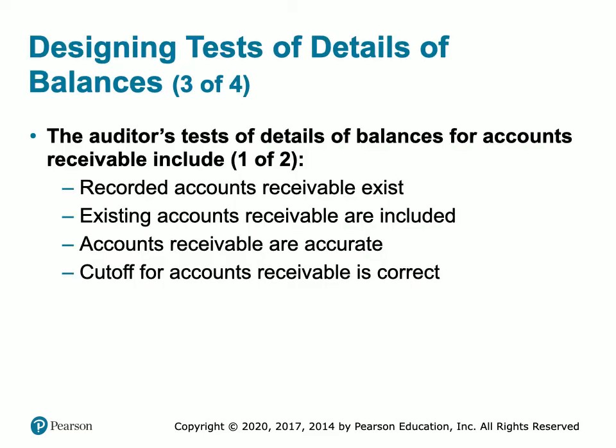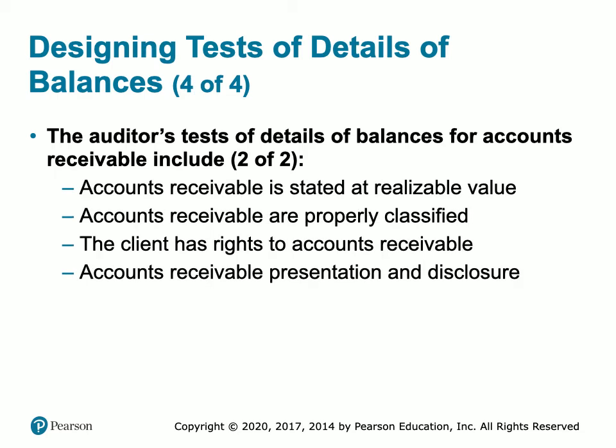So the tests are really to make sure that recorded accounts receivable exists, less so that existing accounts receivable are included. Okay, and that they're accurate and cutoff is right. Finally, that you can recover the accounts receivable, in other words, collect them, and classification is appropriate, and that they have rights to the accounts receivable.